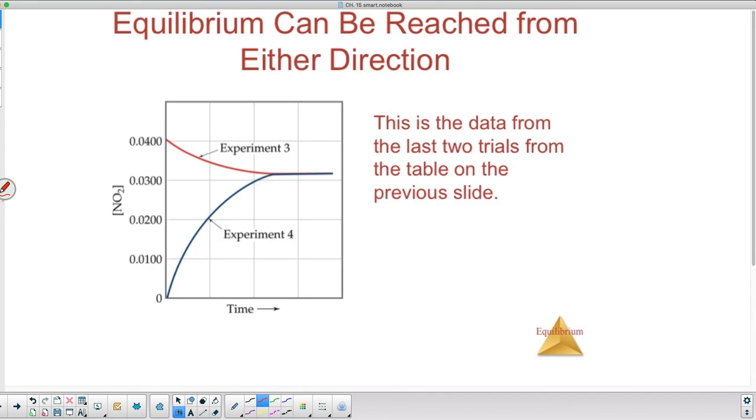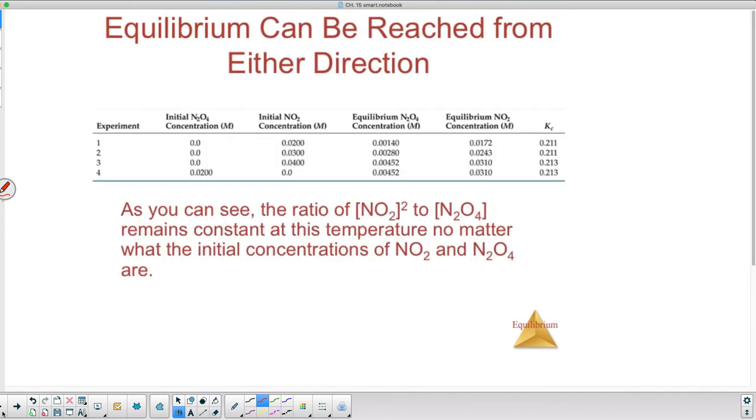So this is data from the last 2 trials from the table in the previous slide. So let me just go back to that. So you can see here the initial concentration of N2 and O2 was 0, 0, 0, and then for this one we started with a little bit of it. And then this one is initial concentration of NO2, which was actually the product before.